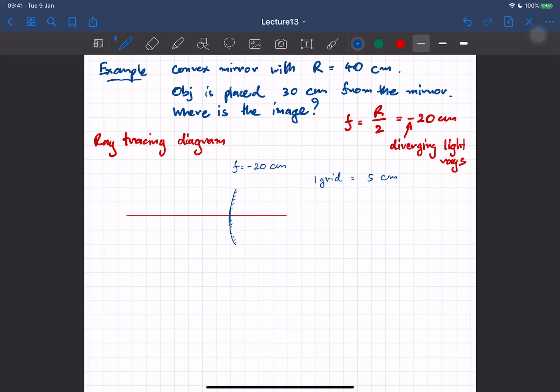So what does the convex mirror do? When the light comes in here, it's going to bounce out like this, okay? That's going to be the same for every light ray coming from the left. It's going to bounce like this. But when you extend the light back, I'm not drawing it very well here, and by back here, it's actually on the other side of the mirror, right?